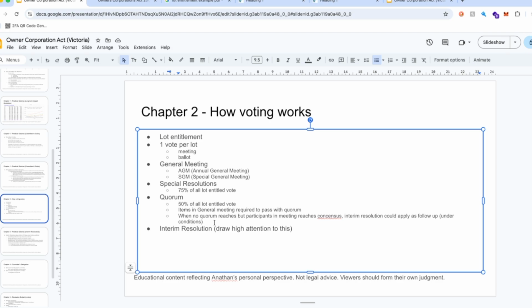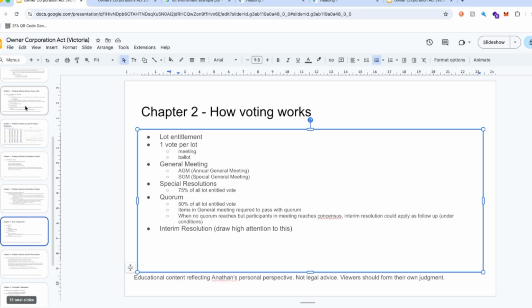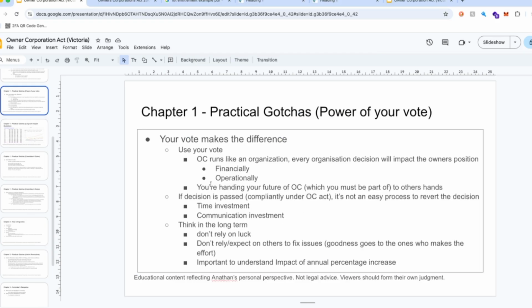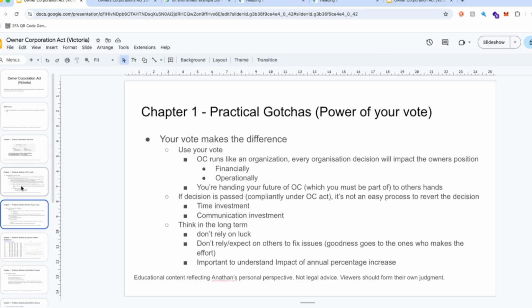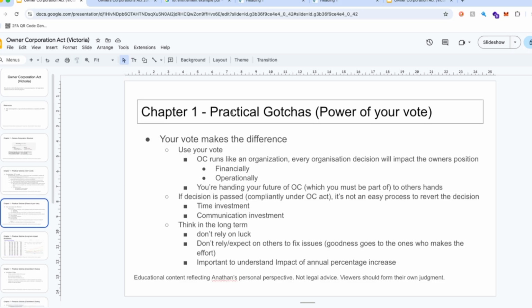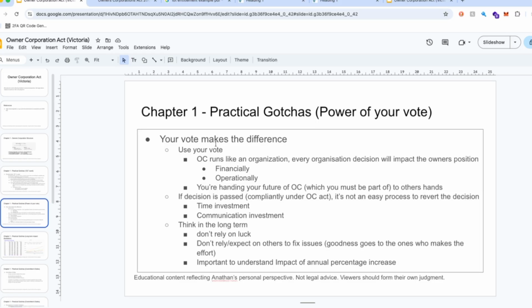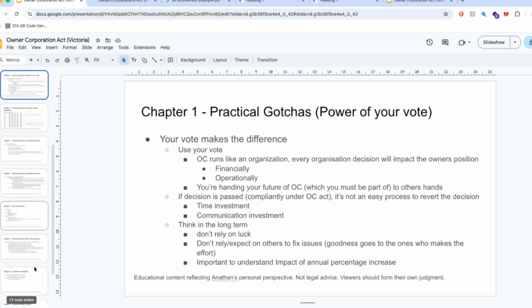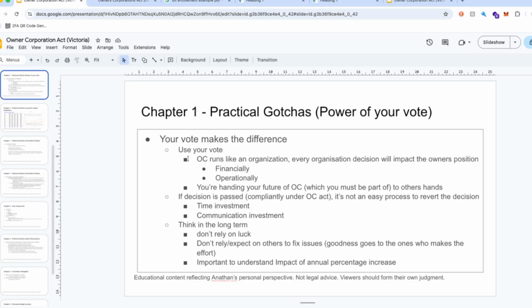It's really important for all the owners to participate. Let me go back to that, which I mentioned previously. Here, the power of your vote. Your vote makes a difference. I'm going to explain, and you will see further why it's really important for the owners to participate.